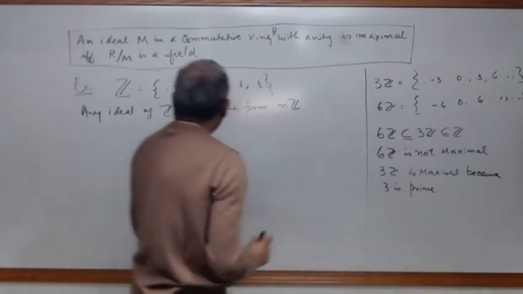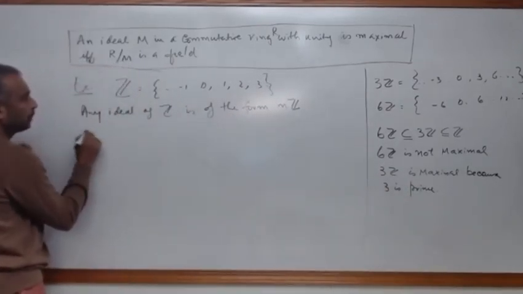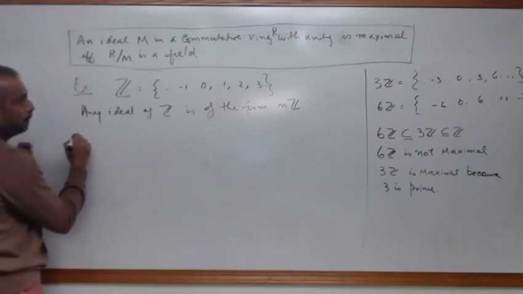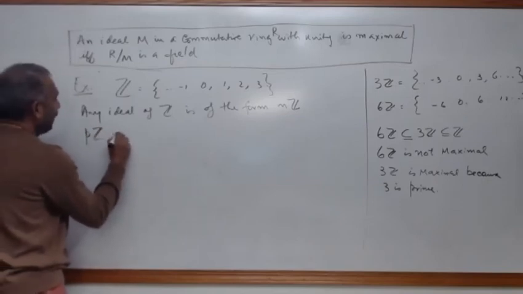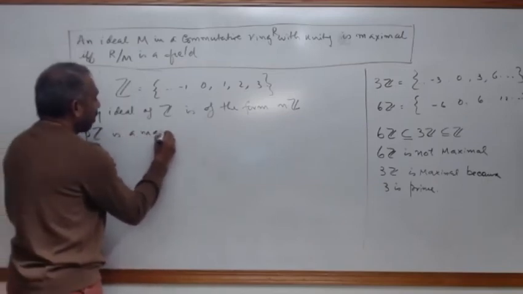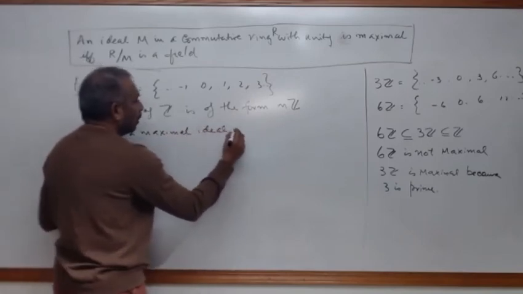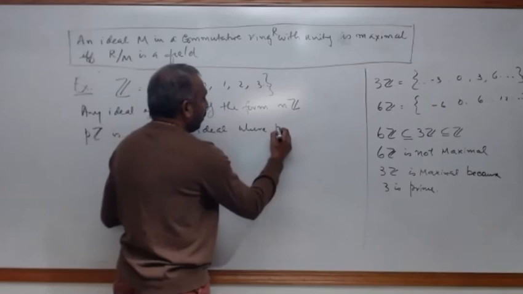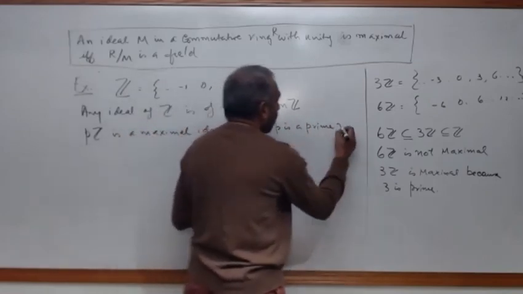So in general, pZ is a maximal ideal where p is a prime number.